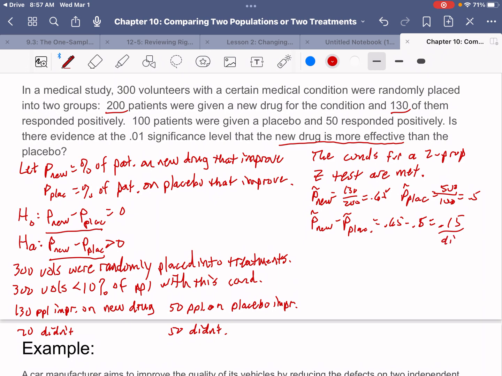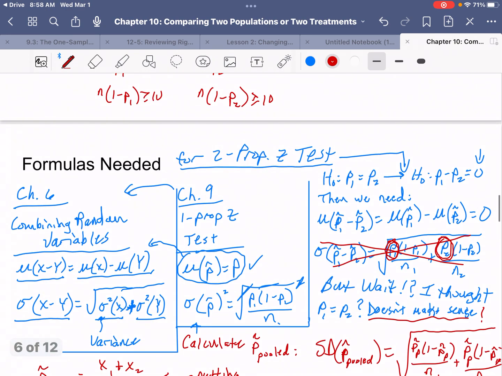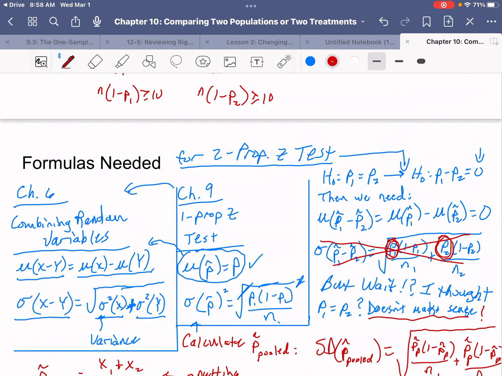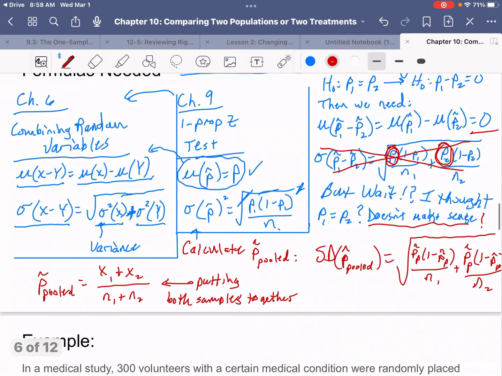That is the difference between the two. So there's a 15% difference. Now, the mean of P hat new minus P hat placebo is 0, our new formula. The mean is always 0.